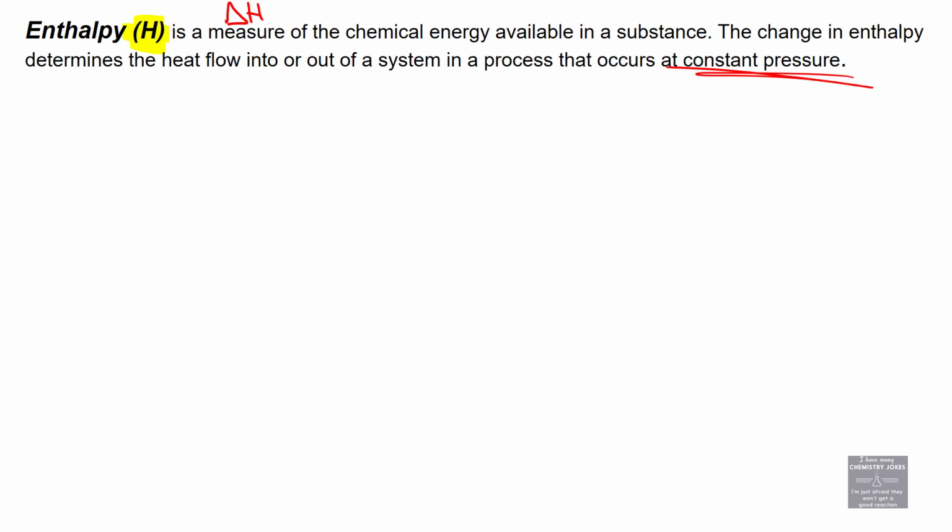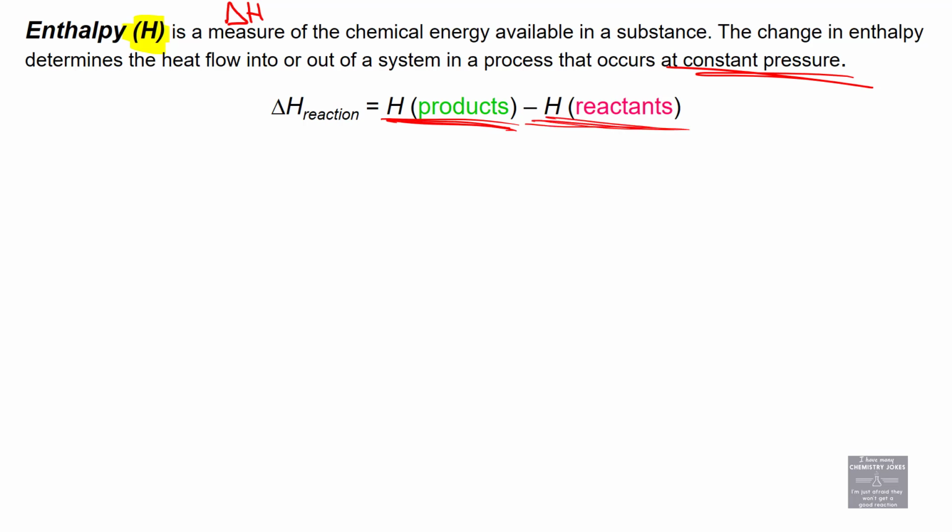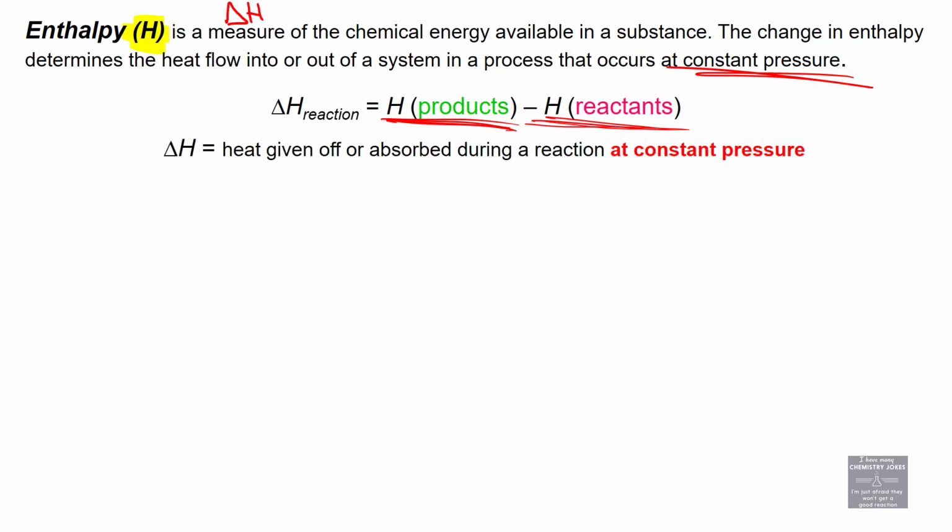When we're talking about delta H, the formula for delta H is always the enthalpy of the products minus the enthalpy of the reactants. So you sum the products together if there are more than one product, and you sum the enthalpy of the reactants together if there's more than one reactant. Yep, it's got to be at constant pressure. That matters for some stuff we'll talk about later.